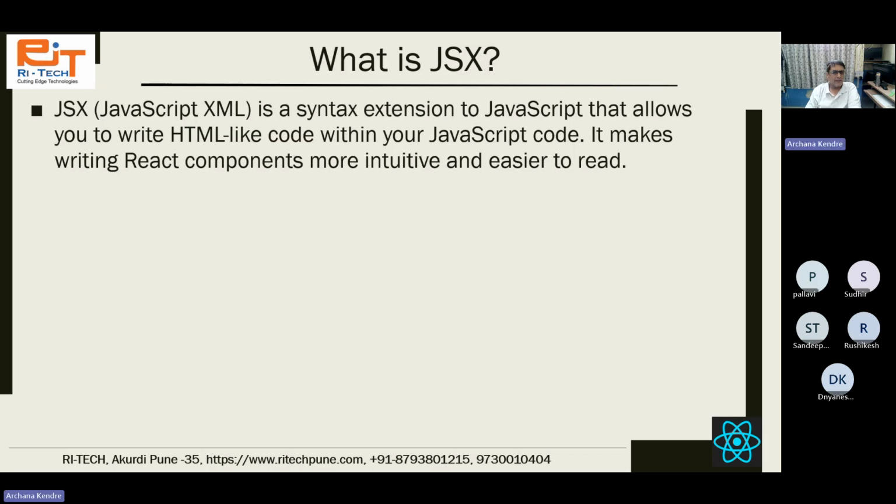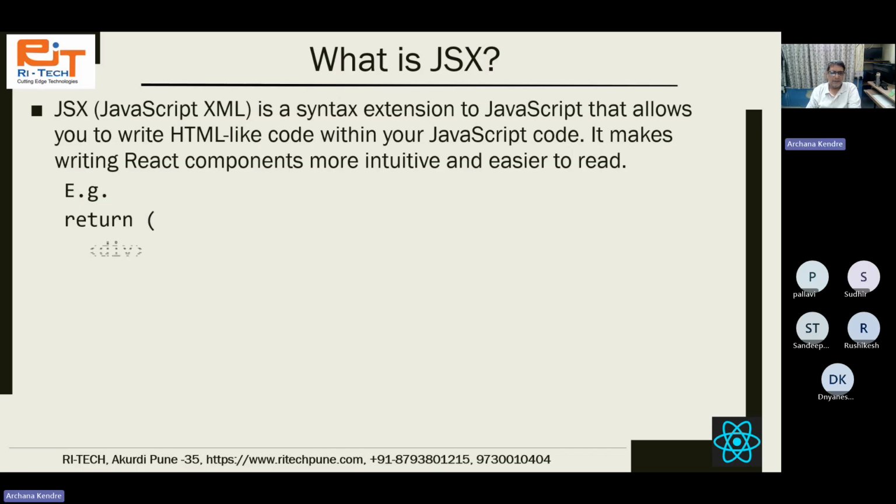It makes writing React components more intuitive and easier to read. With the help of JSX, you do not need to juggle between JavaScript and HTML. You can write HTML-like code directly inside the JavaScript. It makes your life easier, so you can build React components very fast.